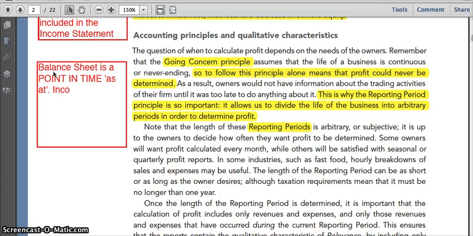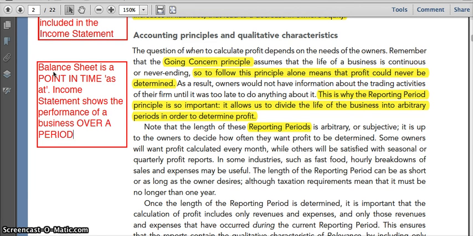Now, an income statement shows the performance of a business over a period. So we show profit over a period of time, whether it be a month or 12 months or a quarter or what have you, whereas a balance sheet will show you the position of a business at a point in time. So tomorrow, the business's balance sheet may well be different to today.